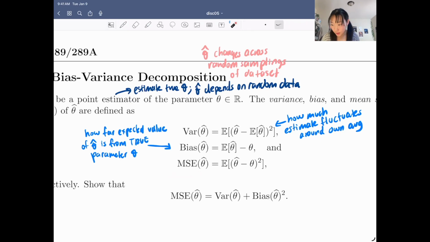Okay, and lastly, we have the mean squared error right over here. Basically we take the error between our estimate and the true parameter and we square it. So this is literally just the expected squared error.